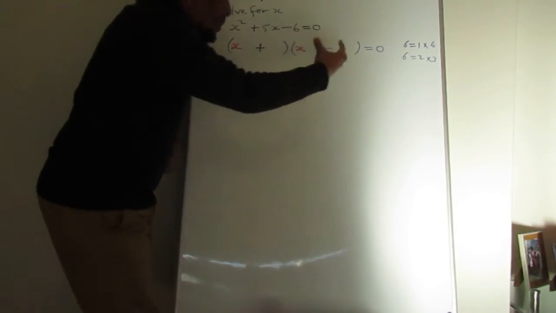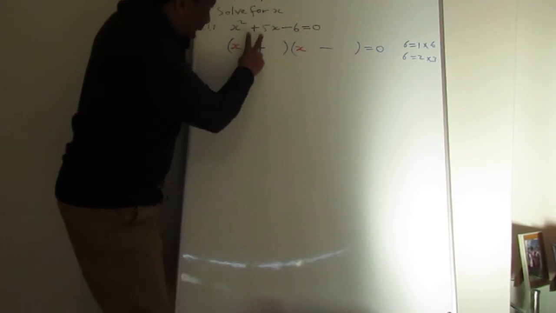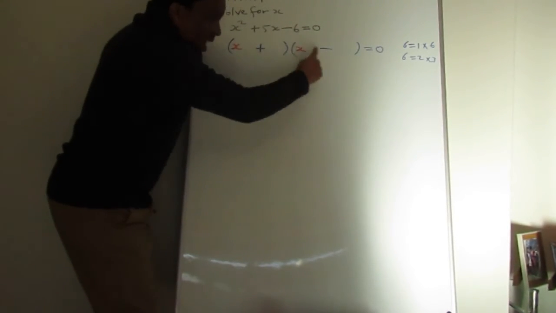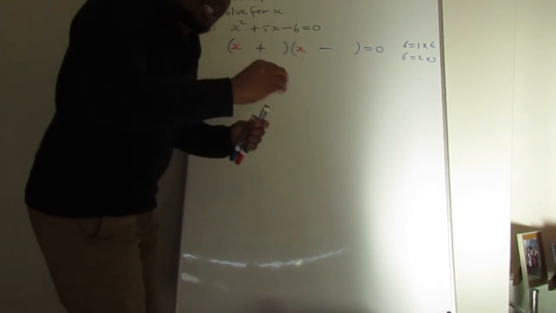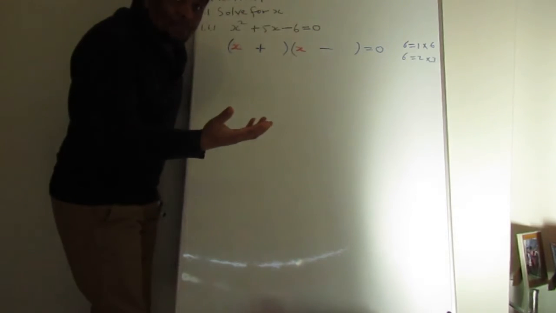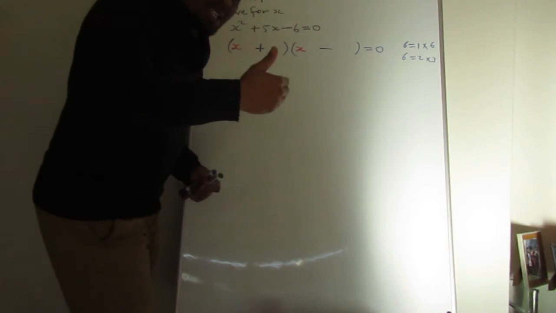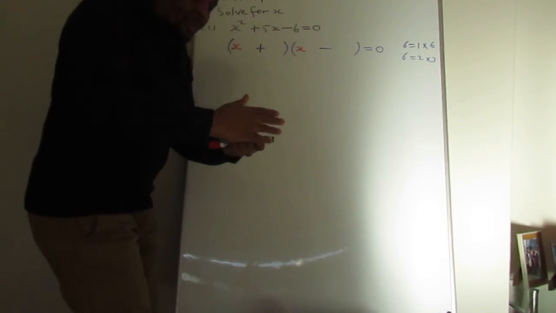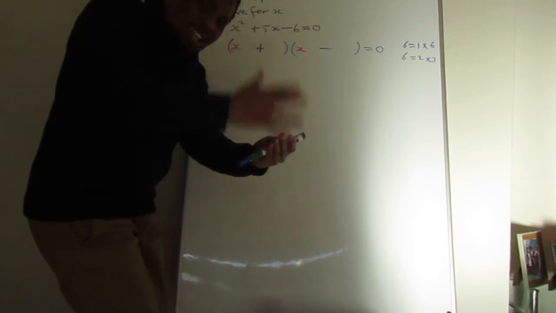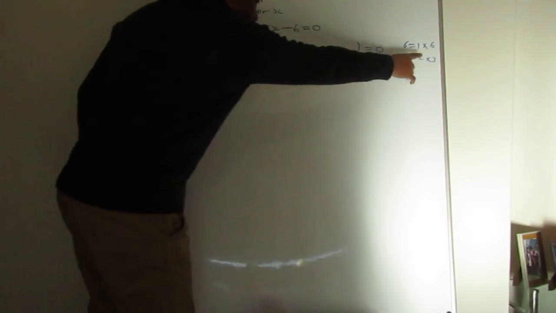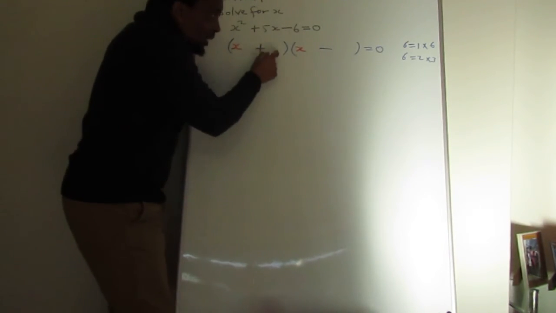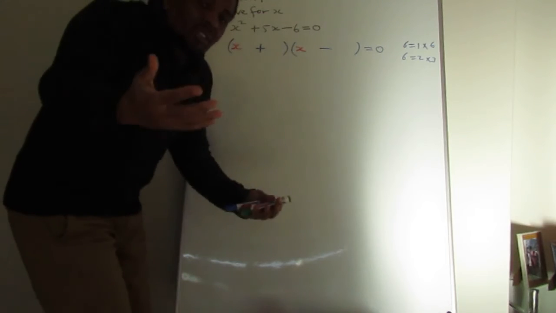But now I must go back and see my middle term and also recall the signs that I have here. In this case I cannot take 2 and 3, because the rule says the bigger factor must take the sign of the middle term. If I put 3 here and 2 there, I'll have a positive 3 and a negative 2. That gives me 1.